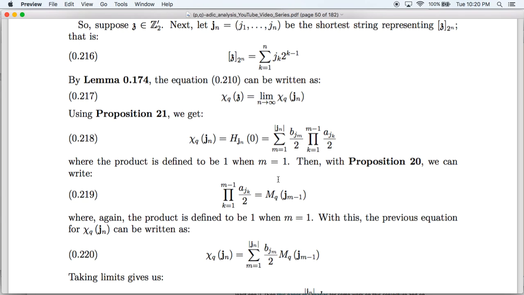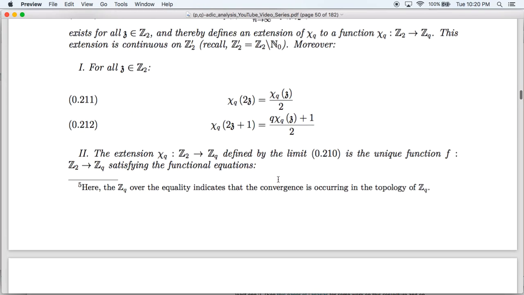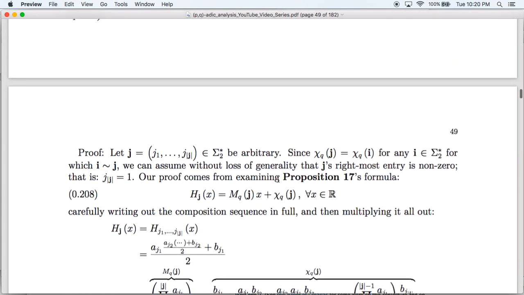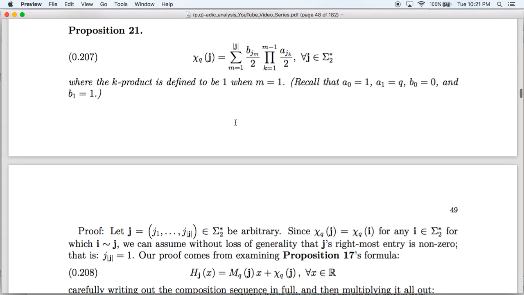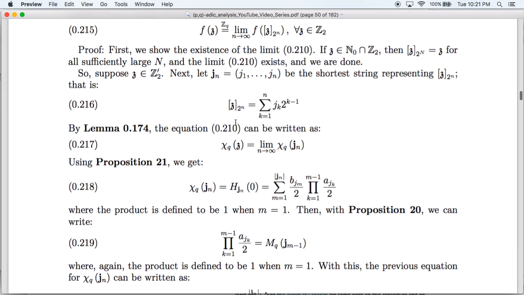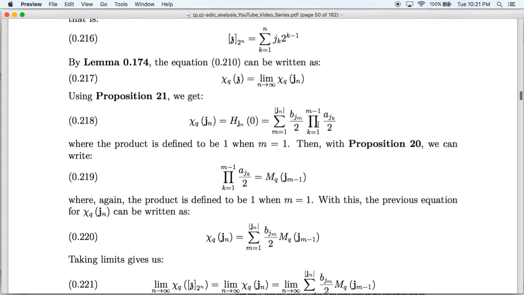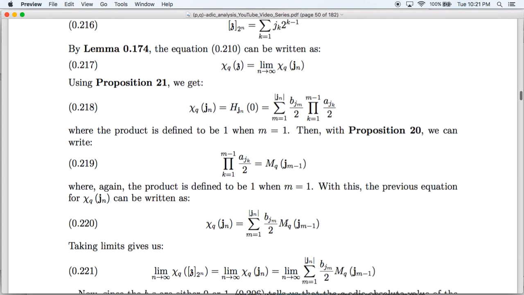With proposition 20, which gives us our formula for mq, we can then say that this quantity right here is exactly mq of bold j of m minus 1. Remember, this is by the functional equation. So we can rewrite this expression as the following sum.